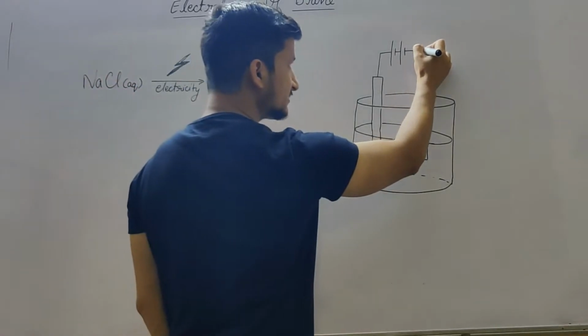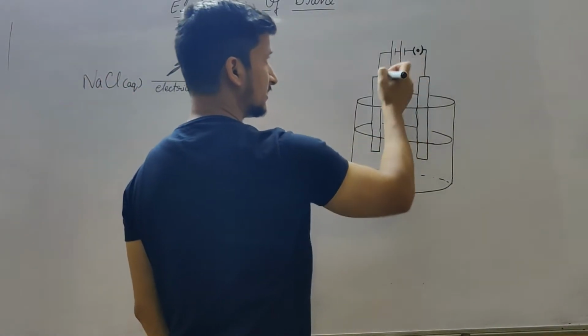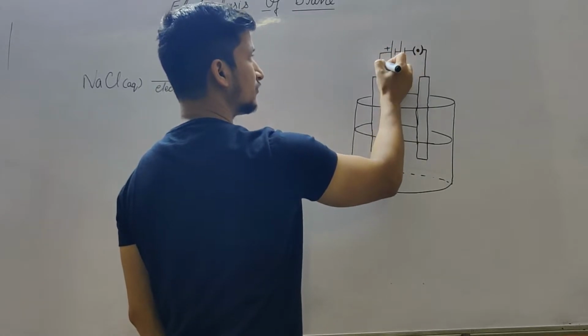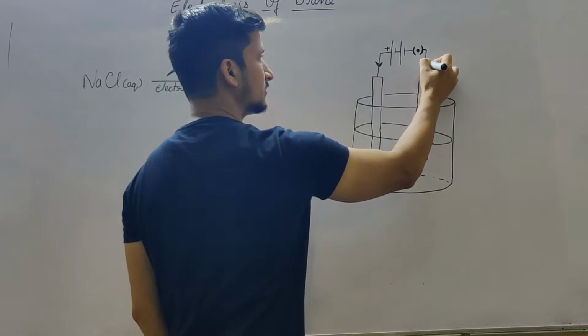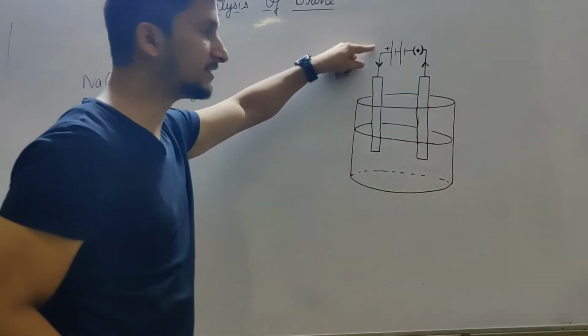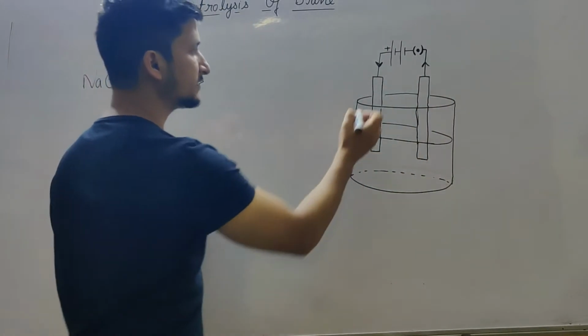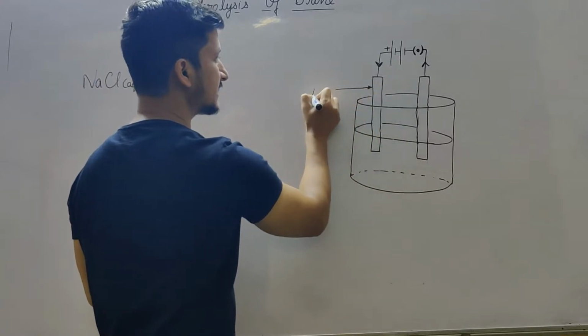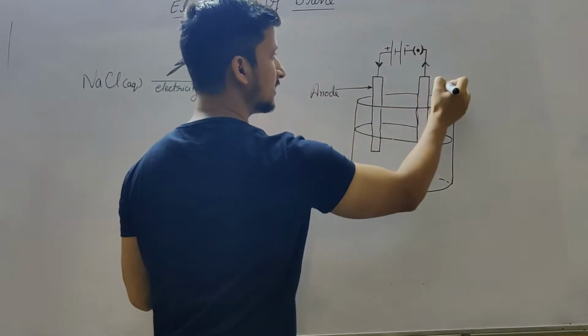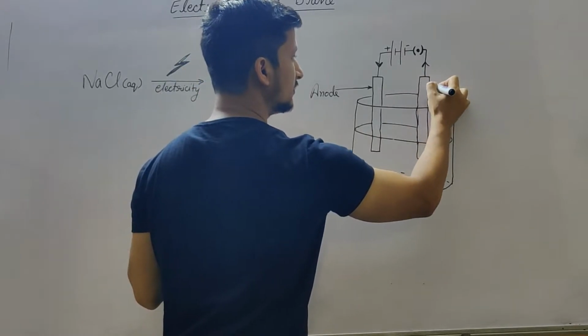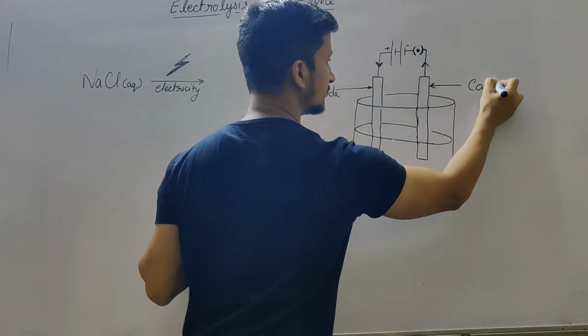As soon as we switch on the circuit, the current will start to flow from positive to negative terminal. We know that the positively charged electrode is called the anode. So this is the anode, and the negatively charged electrode is called the cathode.